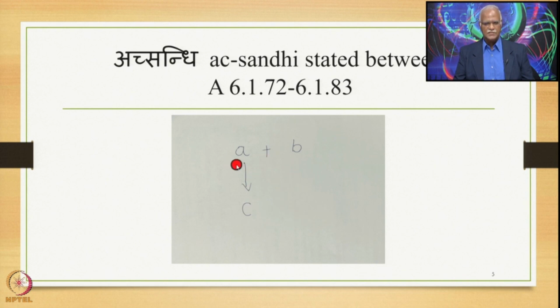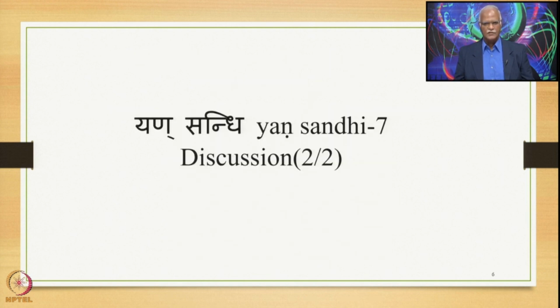A is the substituent, C is the substitute. A is the sthani, C is the adesha. This type of ach sandhi is stated in the sutras 6172 onwards up to 6183, and we are studying yan sandhi, which is the first instance of this particular type of sandhi.